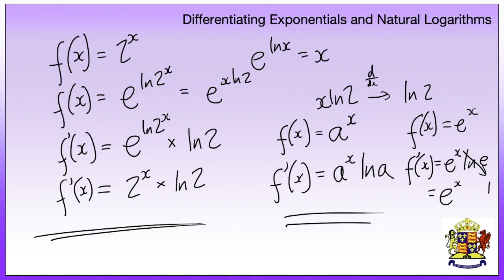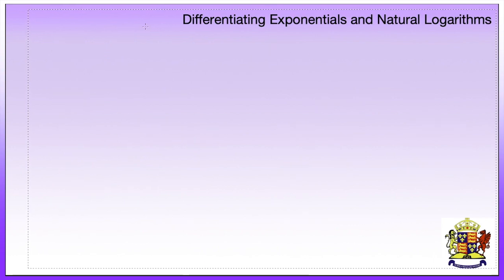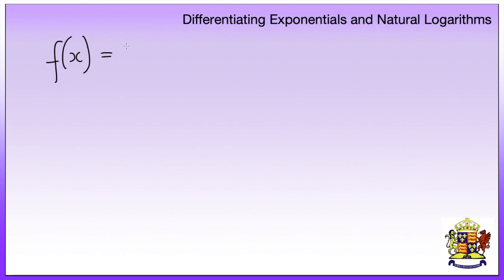Okay, so some examples of questions like this. Well, let's have a think. So, for example, if I have f of x equals 2 to the 3x, and I want to work this one through, well, I rewrite it. I use this method again, so I'm going to write e to the ln 2 to the 3x.